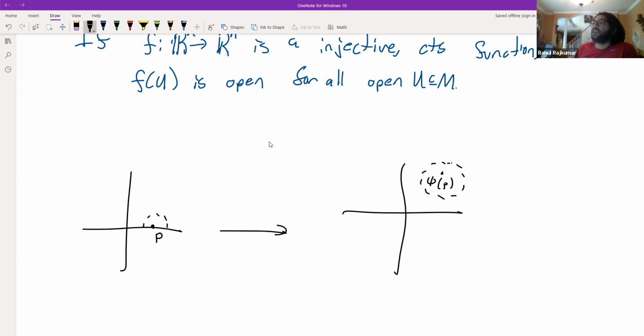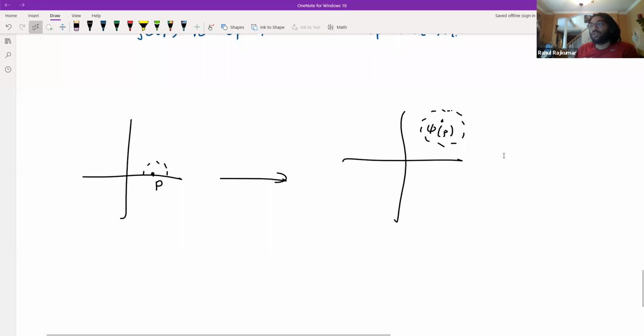Sorry, it's the other way around. You go from the right hand side to the left hand side.